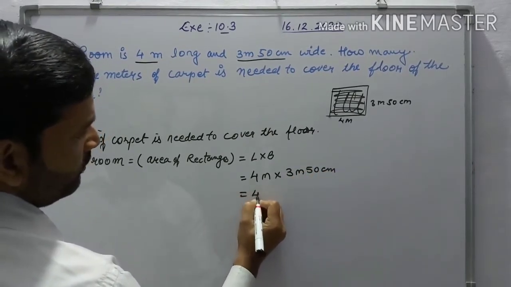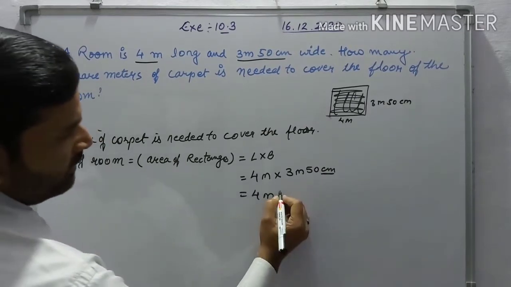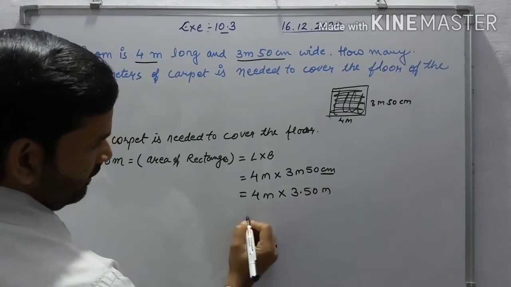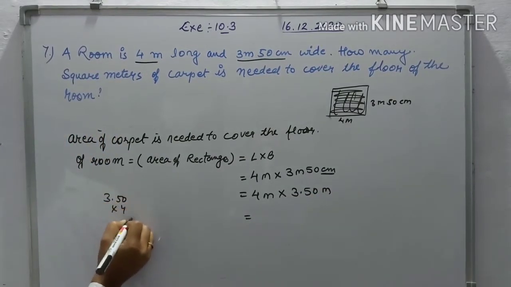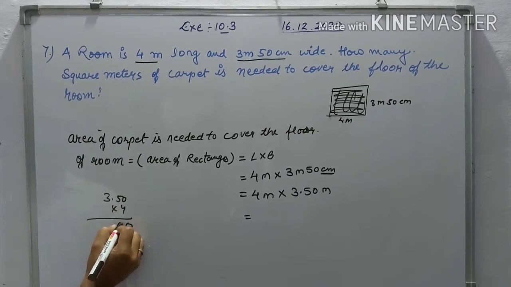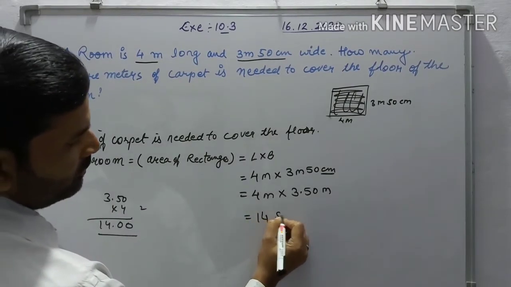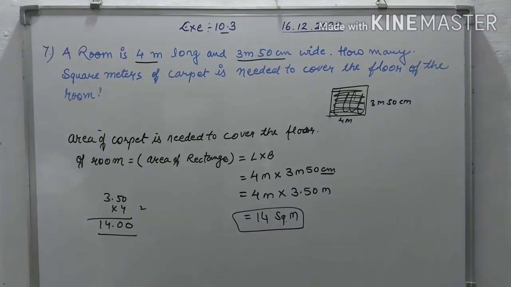So write 4 meter and change the centimeter into meter, that is 3.50 meter, and multiply 3.50 by 4. 4 times 0 is 0, 4 times 5 is 20, carry 2, 12 and 14. It means 14 square meter is the area of the carpet to cover the room.